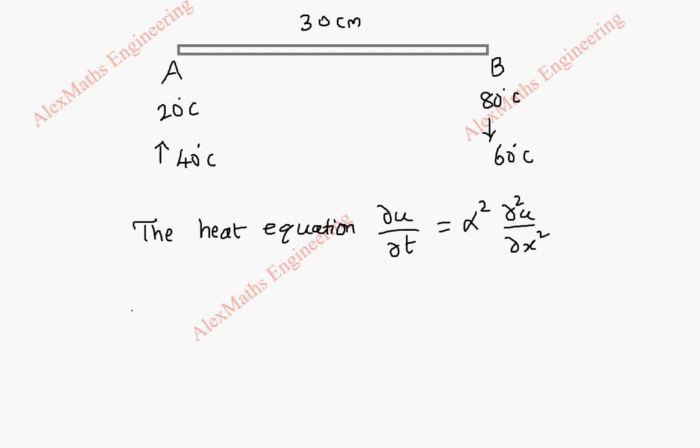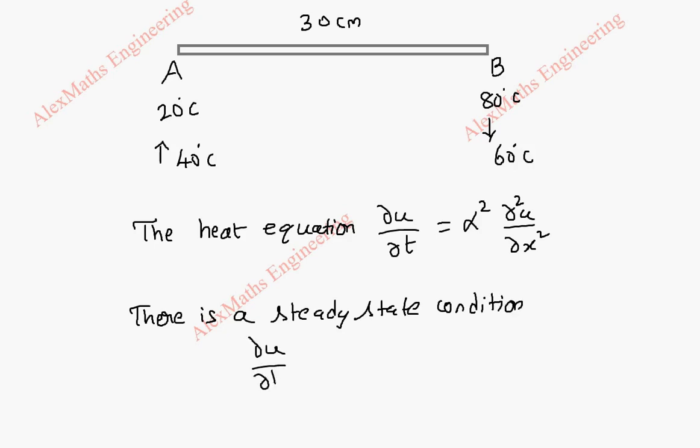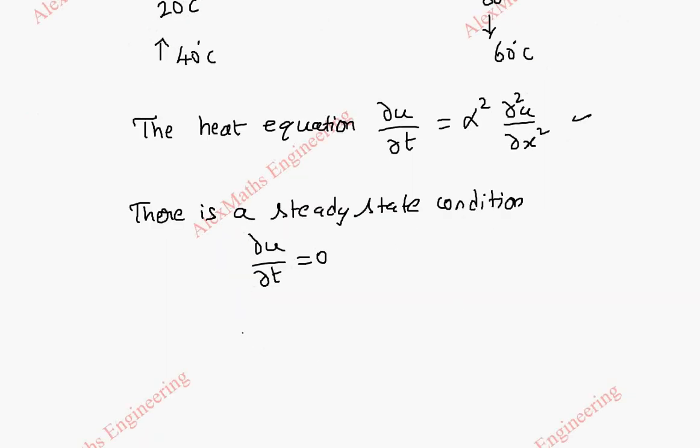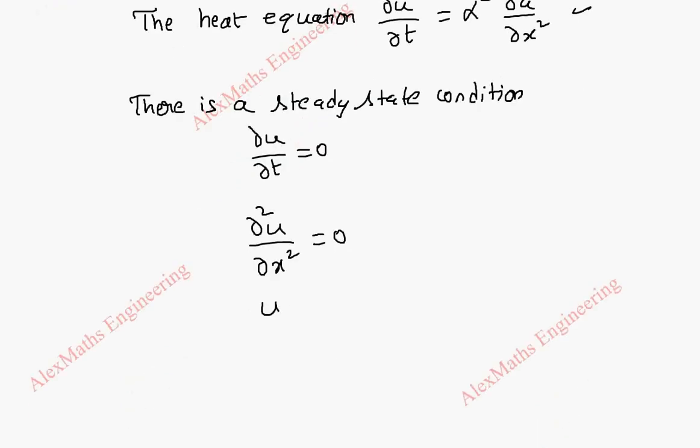And since there is a steady state condition, in steady state condition dou U by dou t becomes 0. If I substitute this, this term will become 0, that is dou square U by dou x square becomes 0, and on integration and solving this we get U as ax plus b as the solution.